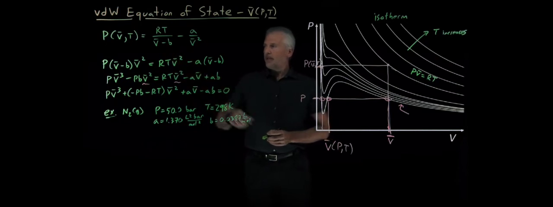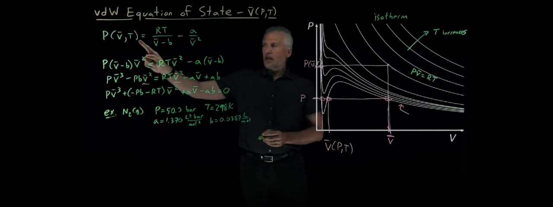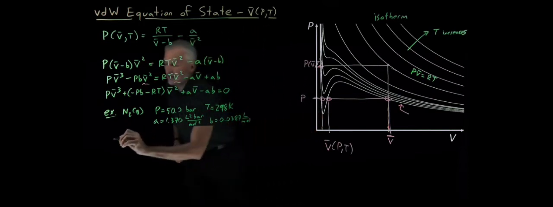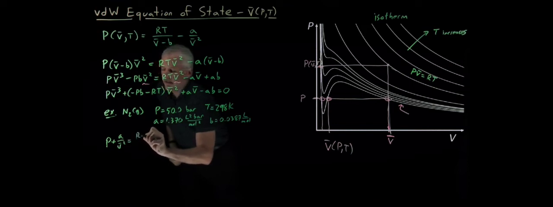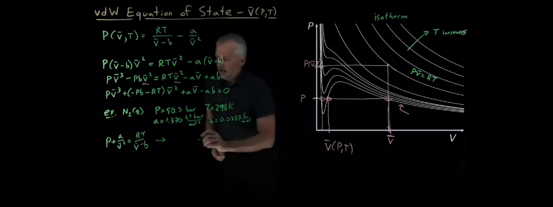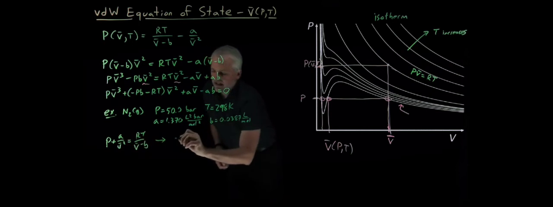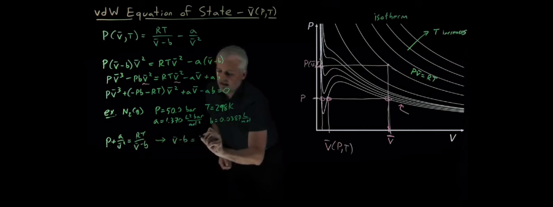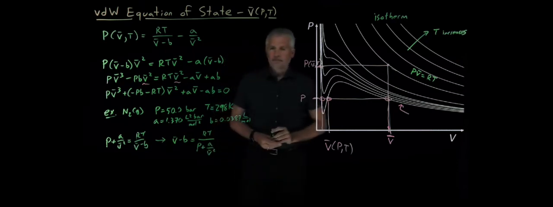If I rearrange this equation, so if I take this A over V bar squared and I move it over to the left, I can first say pressure plus A over V bar squared is RT over V minus B. If I rearrange that expression, swapping the V bar minus B and the whole left-hand side, I can say V bar minus B is equal to RT over P plus A over V bar squared.